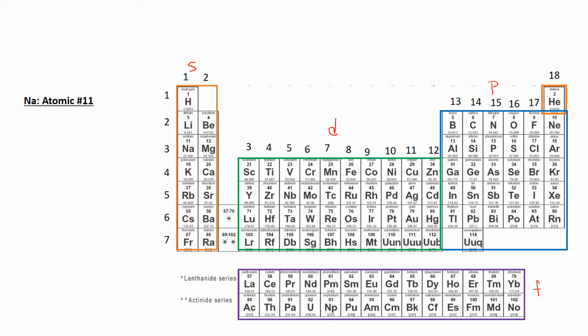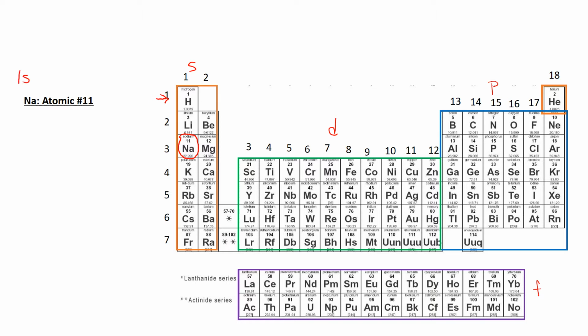If I want to write the full electron configuration for sodium, for example, I just need to know where sodium is on the periodic table. Then I start with that first row in the upper left-hand corner, and I write down each principal energy level, represented by the row number, and sub-level that I have to go through until I reach sodium.